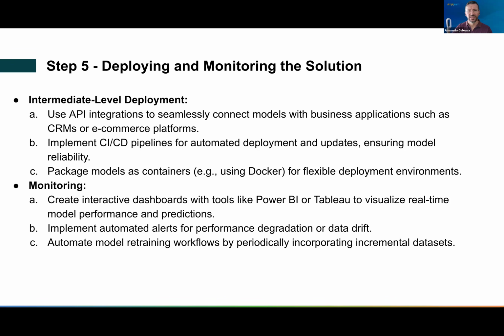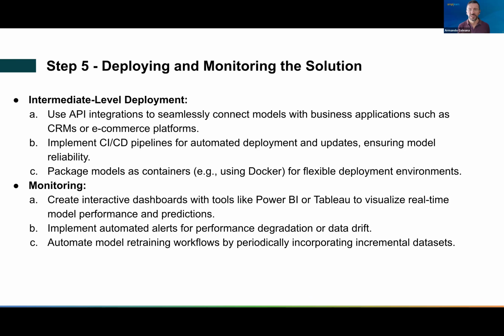There are different approaches to deploy a solution, which means a way to communicate with your model. There are different strategies. One is API integrations, where you expose your model through an HTTP endpoint. An endpoint is how you talk through HTTP to something inside a server, right, or a computer.